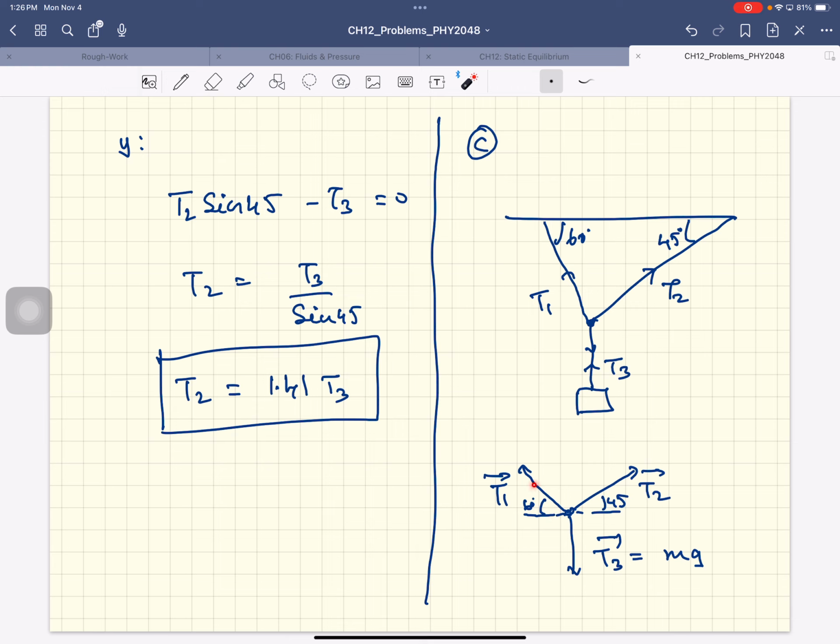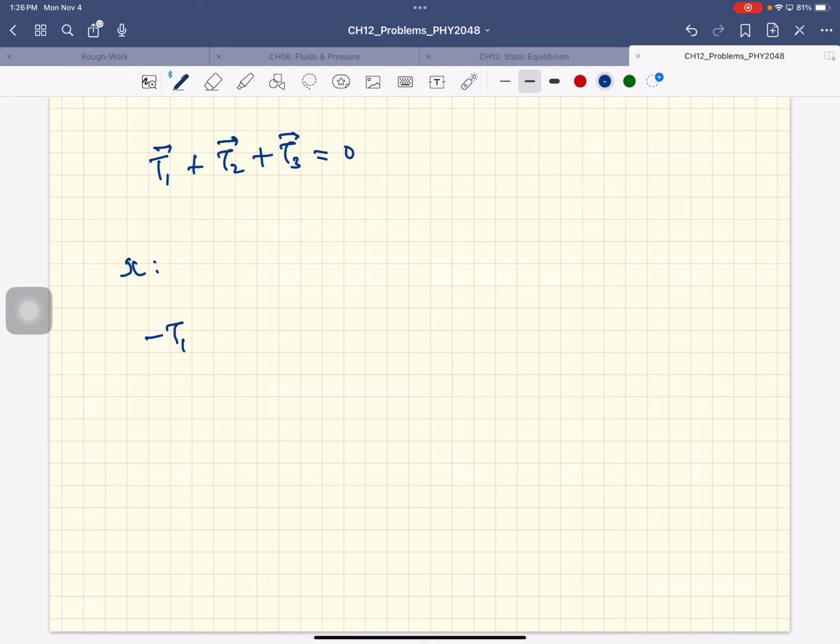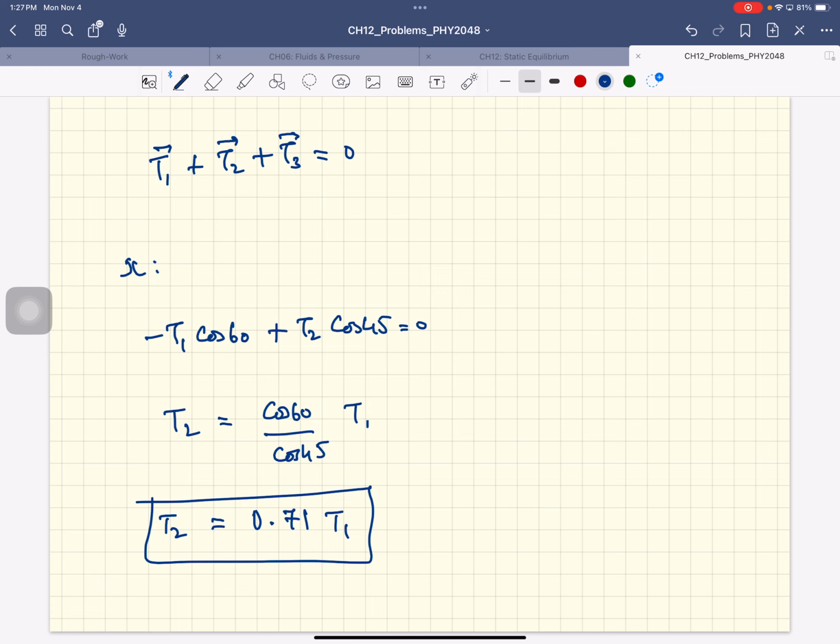So minus T1 cosine 60 plus T2 cosine 45 equal to 0. Okay, so T2 is 0.71 T1, 70% of T1.